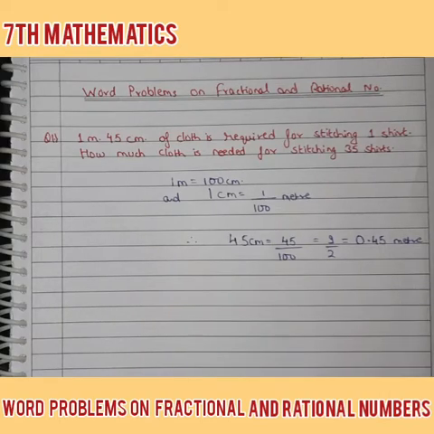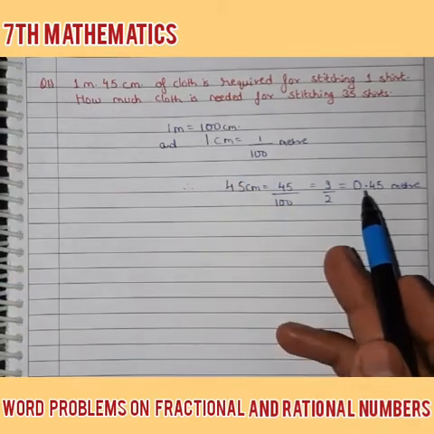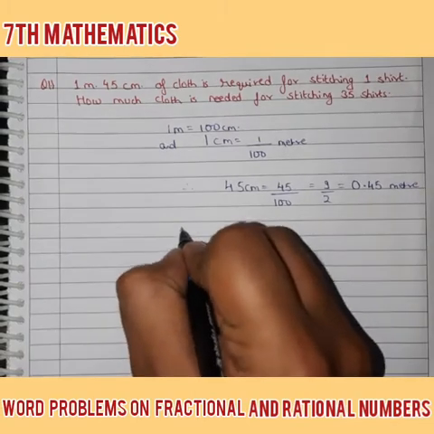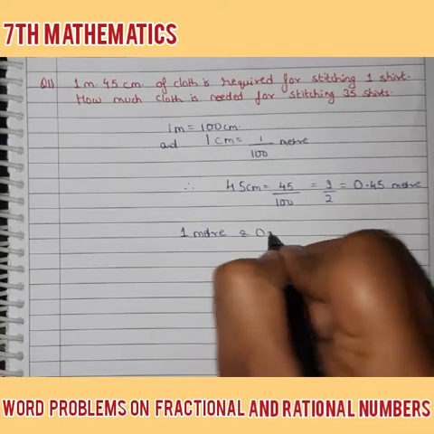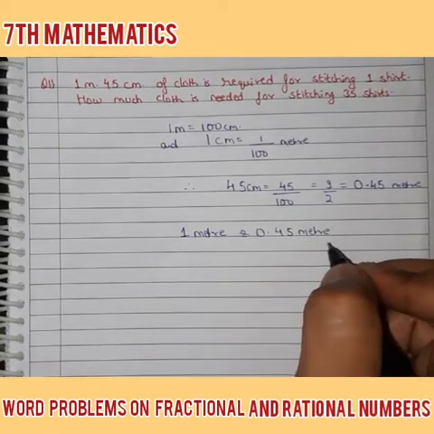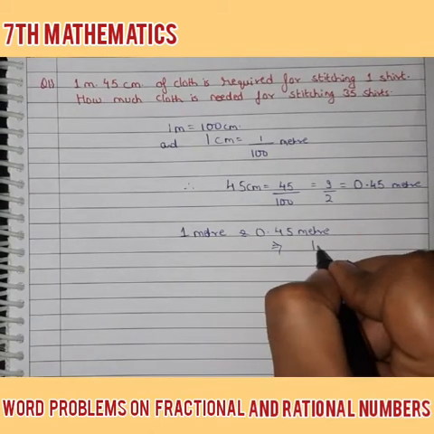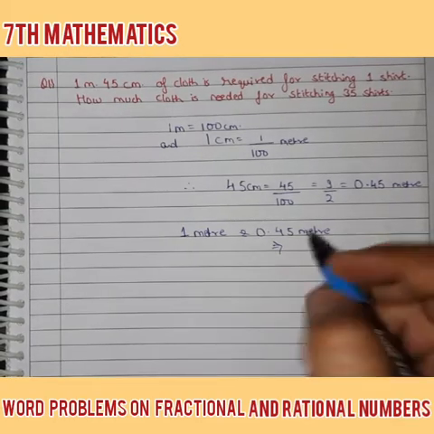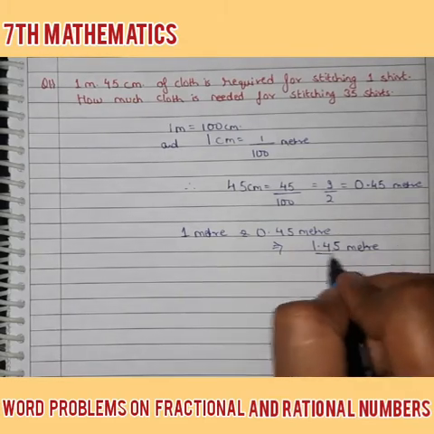Now in the question it is already given 1 meter. We are having 0.45 meter also. So it can be written as 1 meter and 0.45 meter. Together they can be written as what? 1.45 meter.